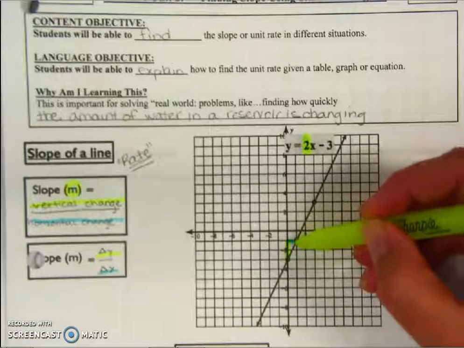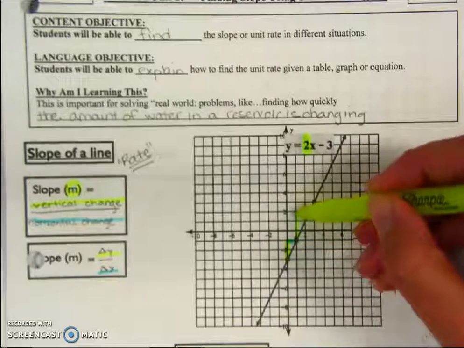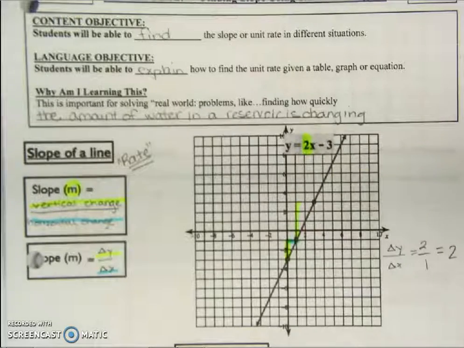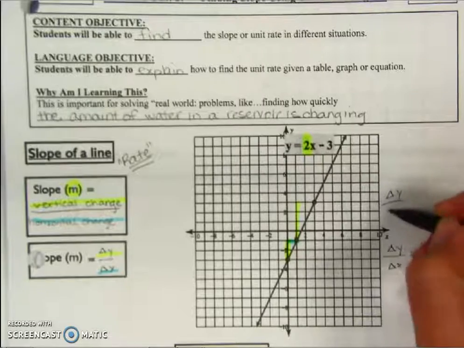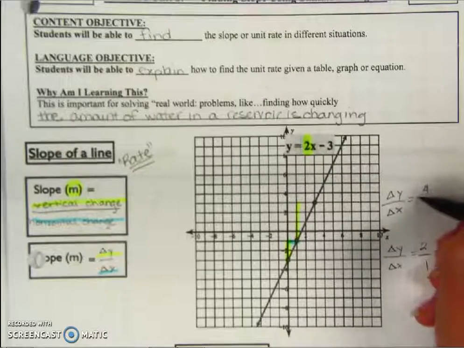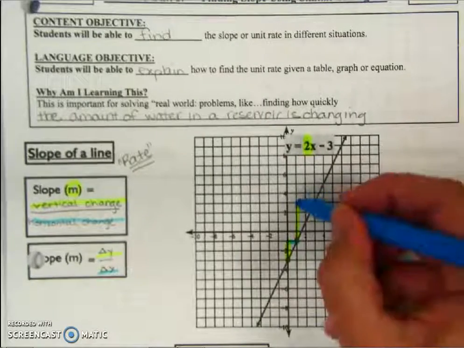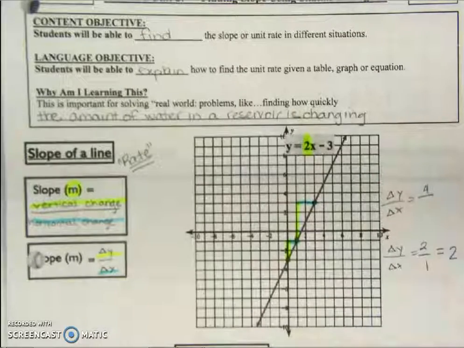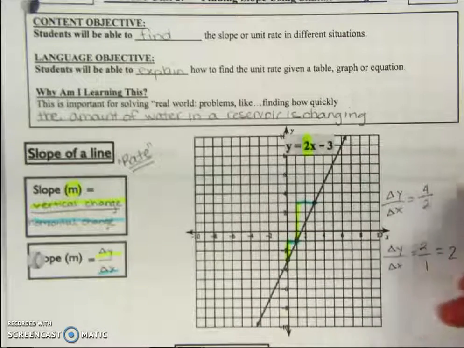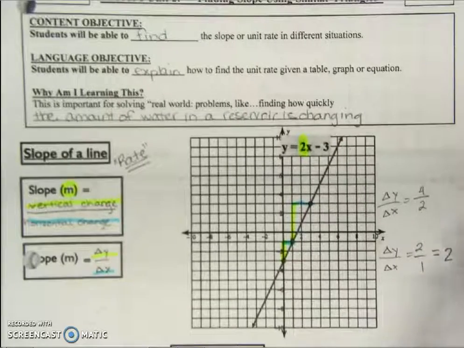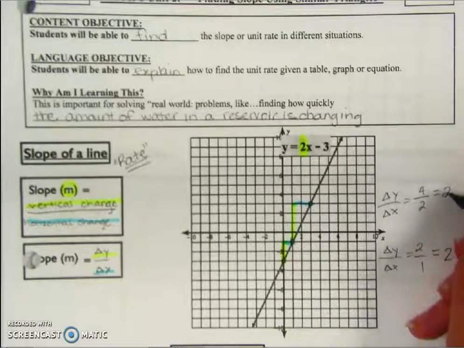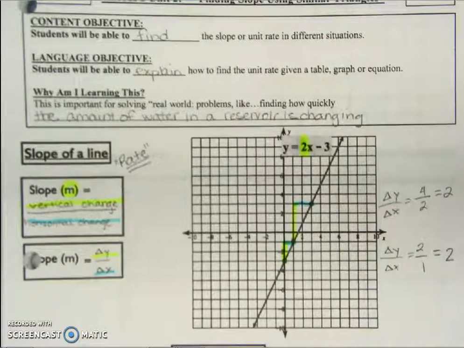So it goes up 1, 2, 3, 4, goes up 4. So the change in Y would be 4 over the change in X, which is 2. But 4 over 2 is an equivalent fraction, 4 over 2 just equals 2. So again, we see the slope show up in front of the X because that's the rate.